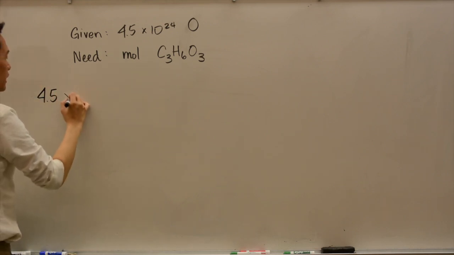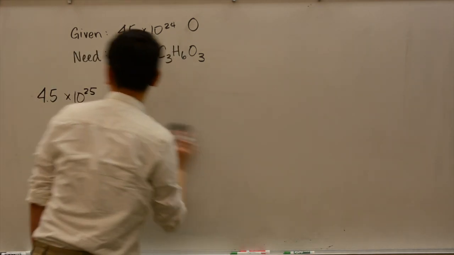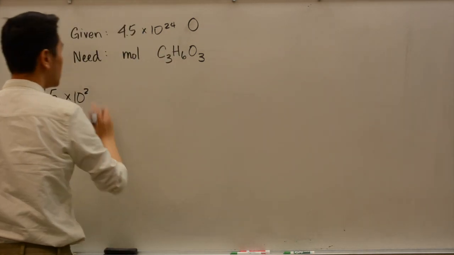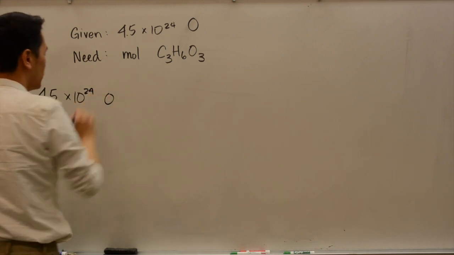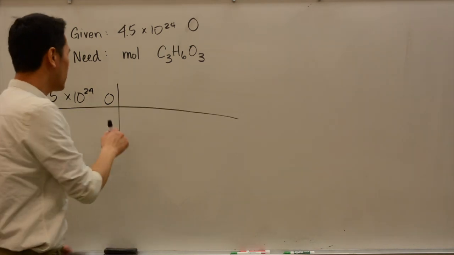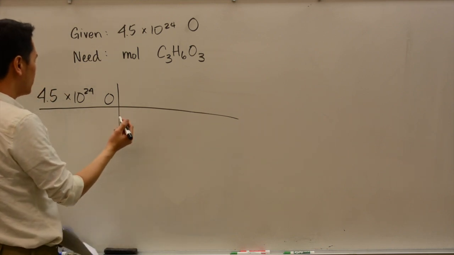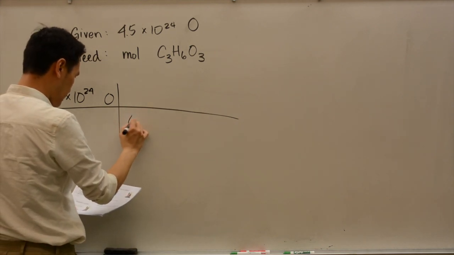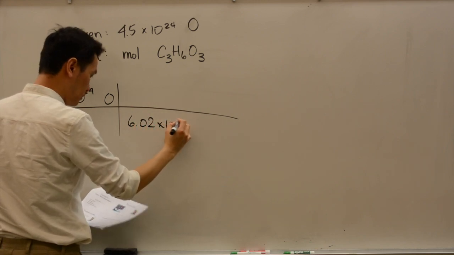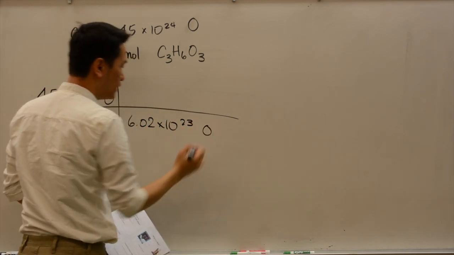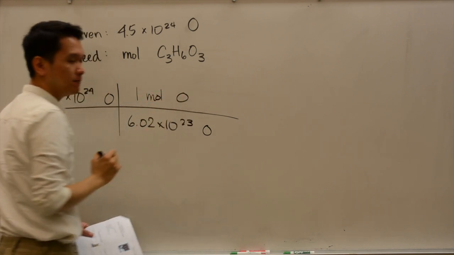So how do you convert from atoms to moles? Right, so let's start with saying that our given is 4.5 times 10 to 24 oxygen atoms. So to go from atoms to moles, we would need Avogadro's number, right? So Avogadro's number says there are 6.02 times 10 to the 23rd oxygen atoms for every 1 mole of oxygen.